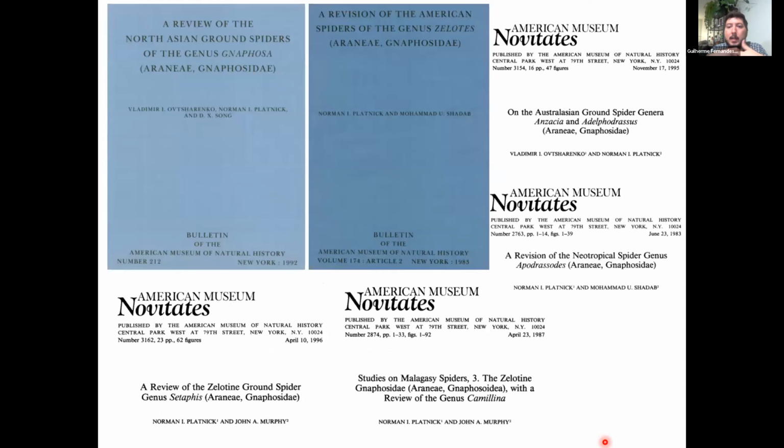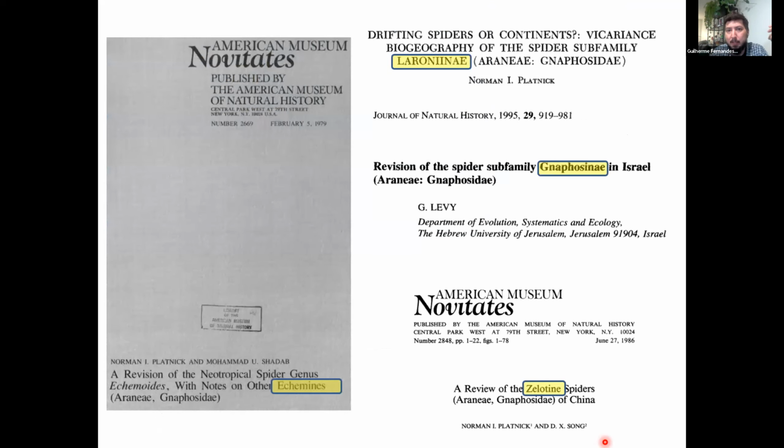And before that, there were a lot of other papers, actually before and after that, dealing with generic limits in the family. And in many of these papers, they have mentions of supergeneric names like subfamilies, right? But the limits of those subfamilies were not very clear.